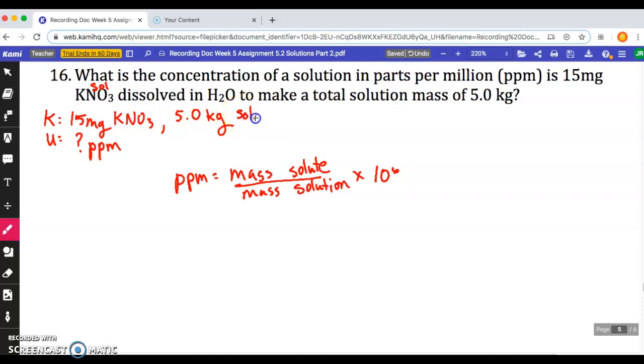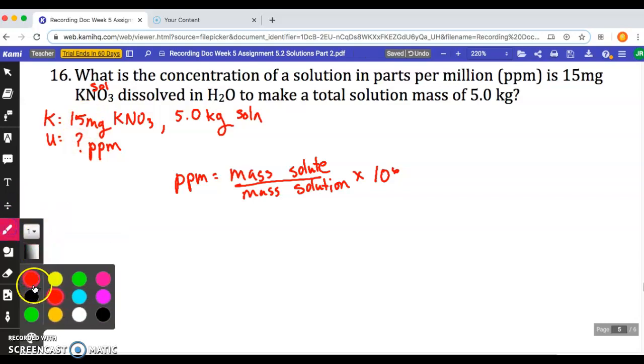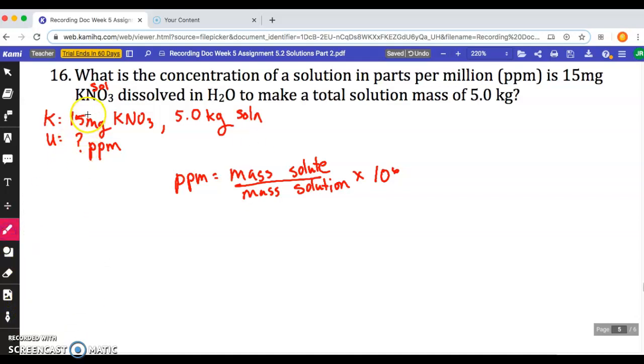Okay, this is solution. You got to be super careful though. The unit in mass is in milligrams for the solute and kilograms for the solution. They don't quite match. Let's convert those so that they do match. So let's turn everything into grams just to make it easier.